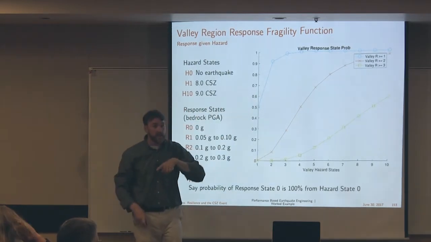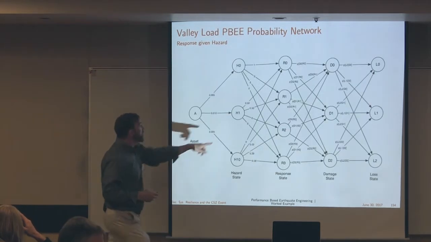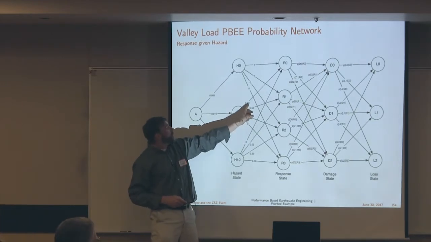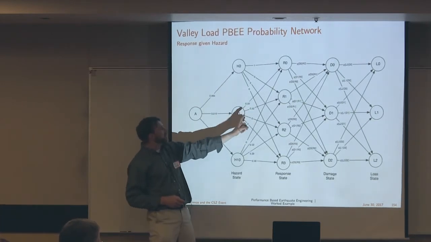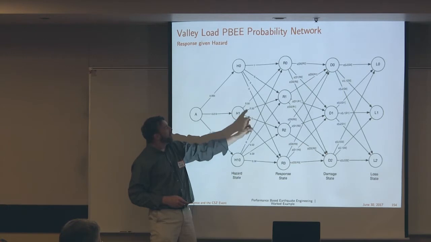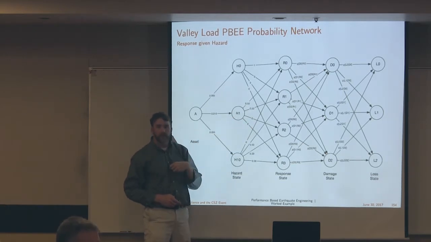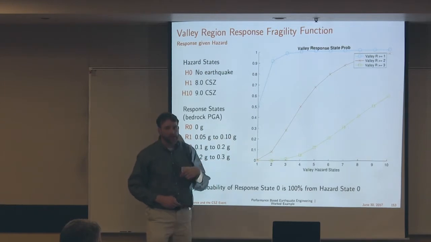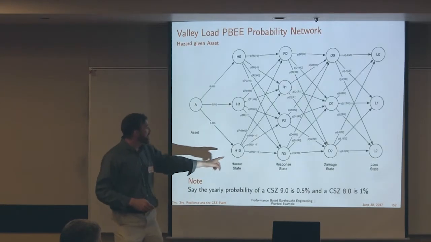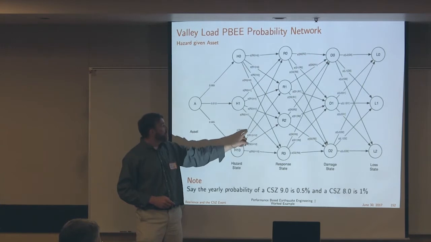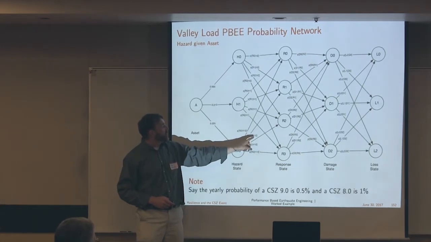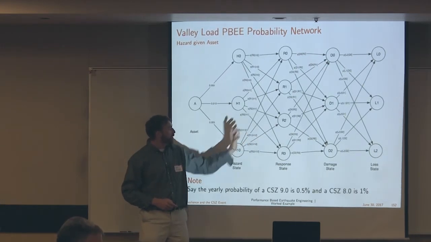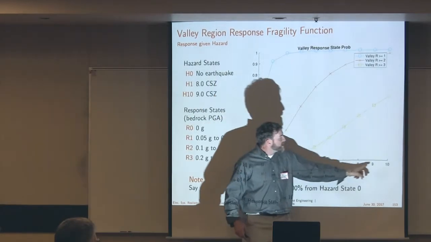So that'll become even more clear on this next one. Reading these actually becomes really easy in the next example. So these numbers then, I'll show you, it's going to be 0.5, 0.5, 0, 0. Okay? So hopefully this example is even more illustrative. Now what if I'm in hazard state 10? What's the probability that I go to response state 0, 1, 2, or 3? Now I've got to look at hazard state 10.